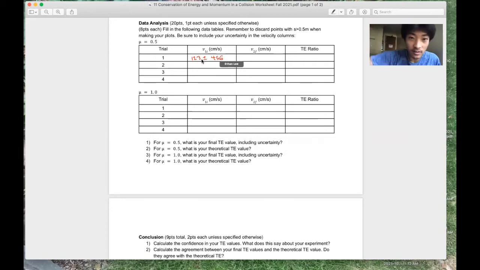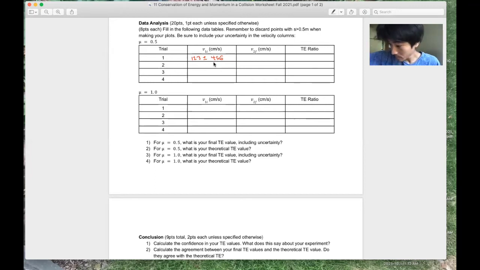I just use these random numbers, but you're gonna want your average value plus or minus your uncertainty, like so. And if you're confused on what uncertainty is, I recommend reviewing the lab manual chapters. I think it's chapters 4 and 5, or whichever ones are related to uncertainty, error, and the way that you calculate these things.